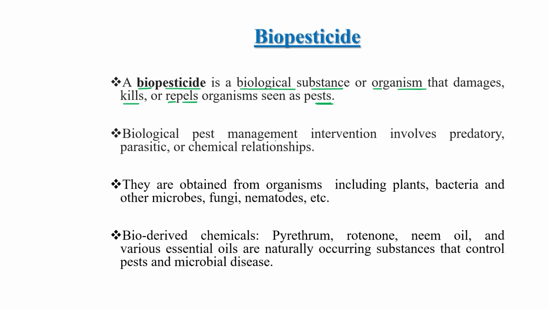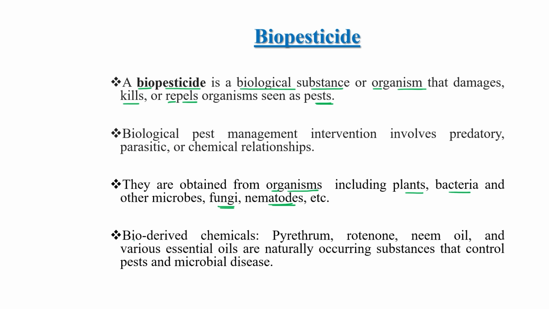Biological pest management interventions involve predatory, parasitic, or chemical relationships. They are obtained from organisms. They may be some kind of extract, obtained from organisms including plants, bacteria, fungi, or nematodes.